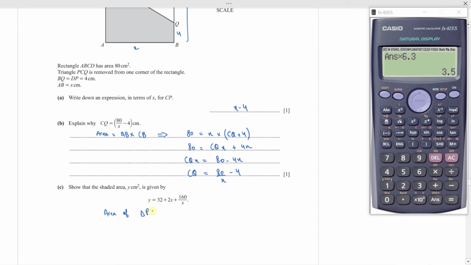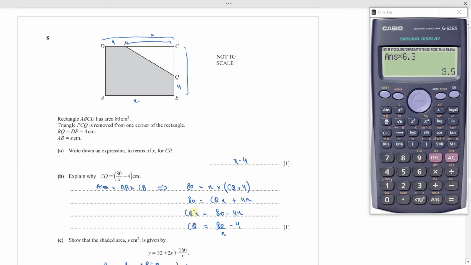Triangle PCQ will be 1 by 2 into base into height. So what is the base? Base is this side, which is CQ. This is a right angle triangle because this angle is 90 degrees, as ABCD is a rectangle. So CQ multiplied by CP, which is the height.